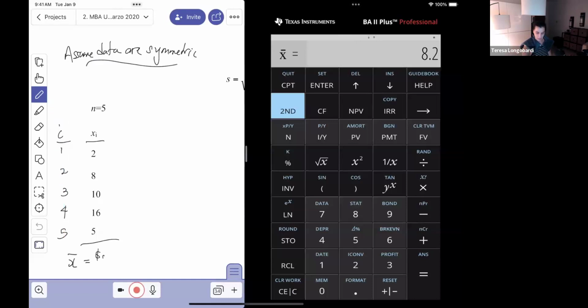It's $8.20. So this data actually represents spending pocket money of a student. It's a very small data set, just for illustration purposes. So that's the mean.